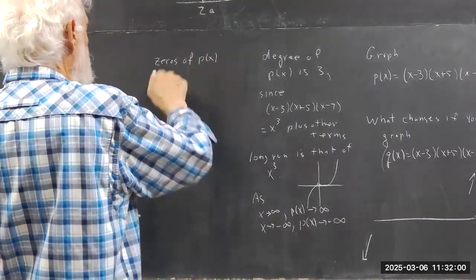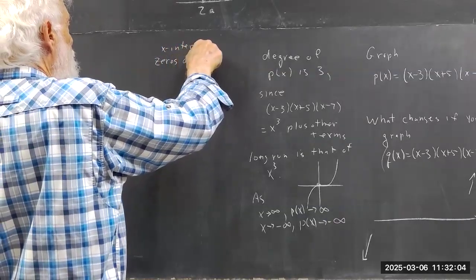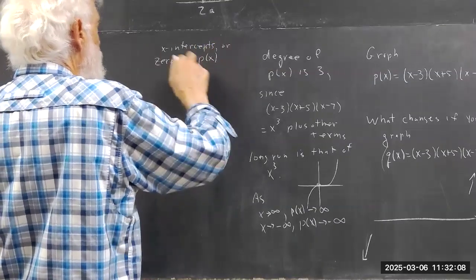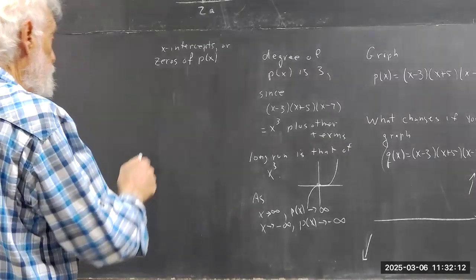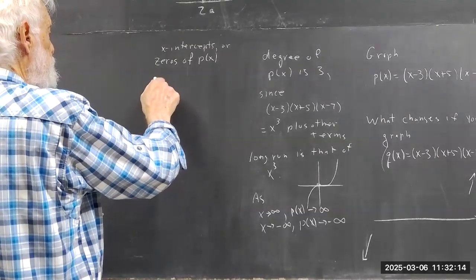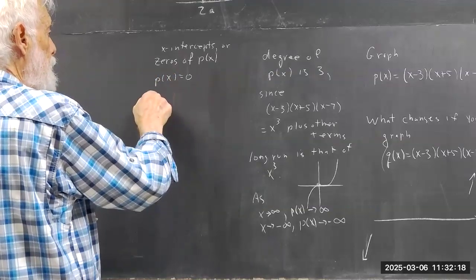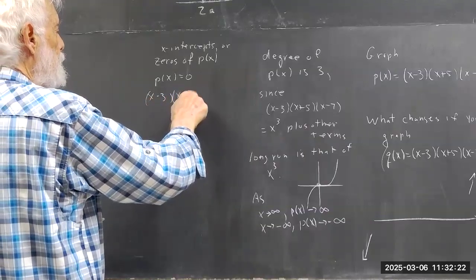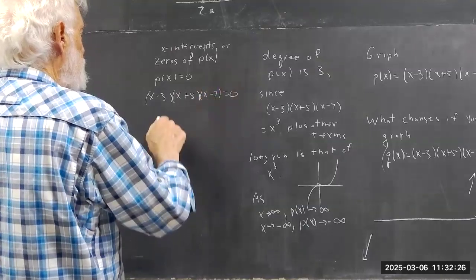So, zeros of P of x. That is, x-intercepts, we call those zeros when we're talking about polynomials. P of x equals 0. So x minus 3 times x plus 5 times x minus 7 equals 0.